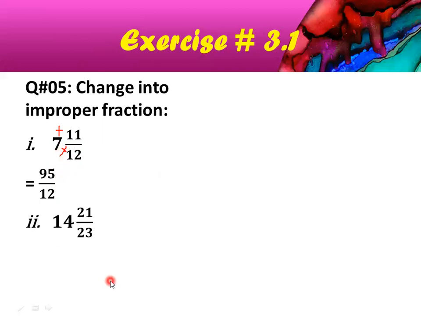Now in this question, again, you have to convert it into improper fraction. So simply you are going to multiply this 23 with 14 and the answer will be added to 21.